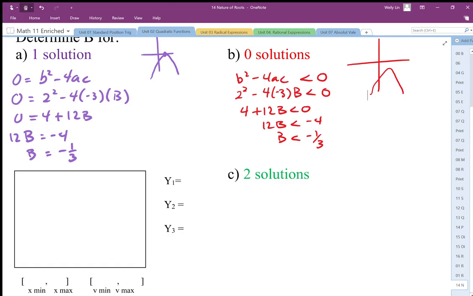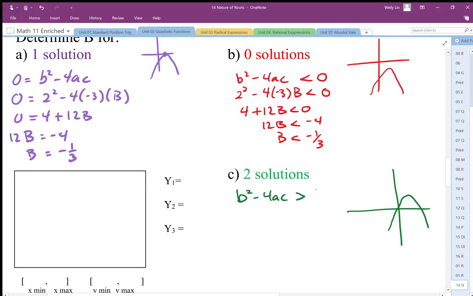For 2 solutions, we can probably guess what it's going to be. We start with that graph there, and if I shift it down to negative 1/3, that will give me 1. So anything bigger than negative 1/3 will give me 2 solutions. Again, I'll set this up, b squared minus 4ac. Now I want that discriminant to be positive.